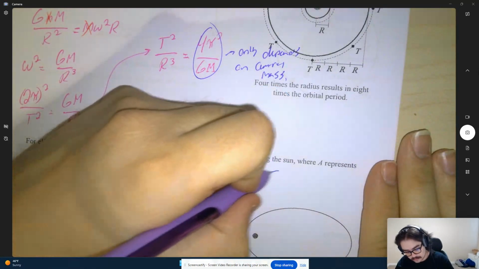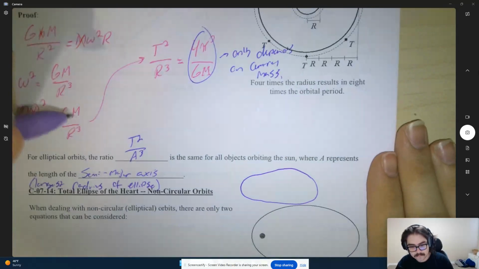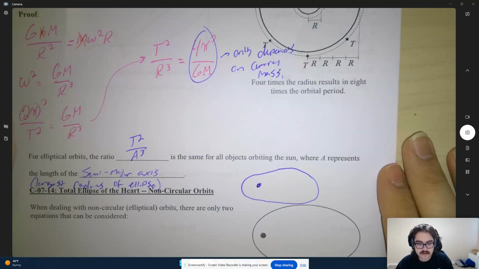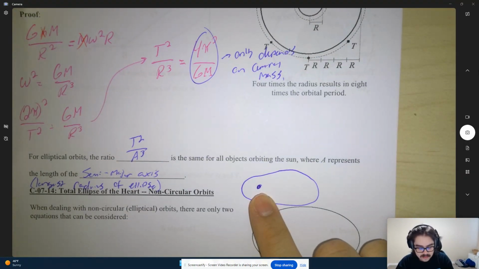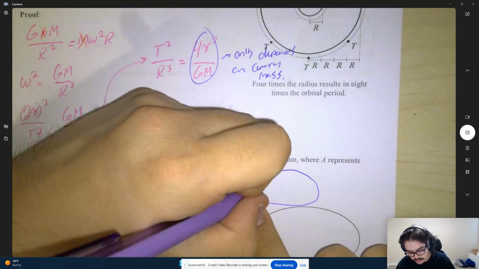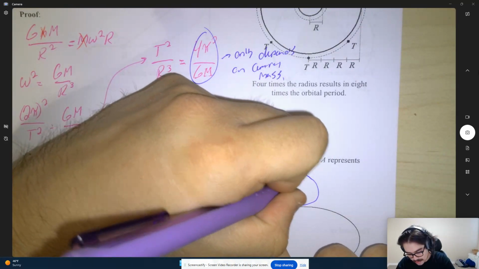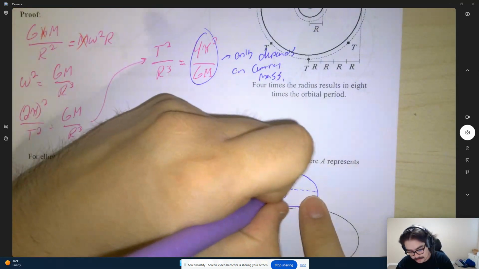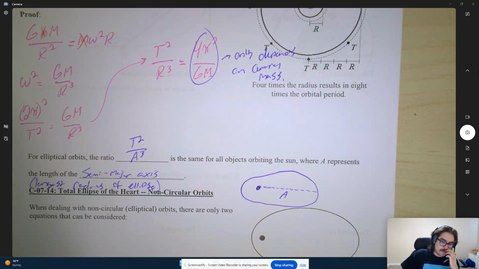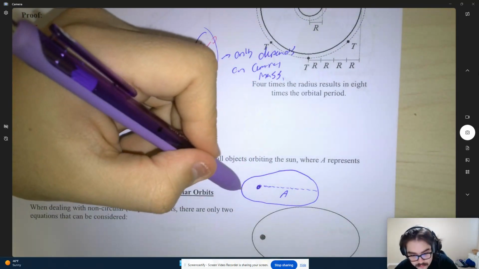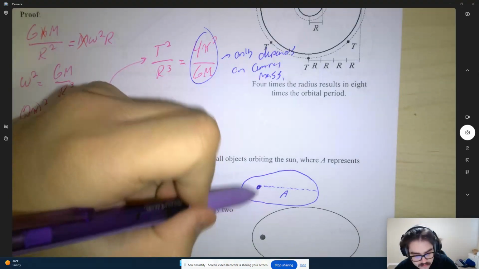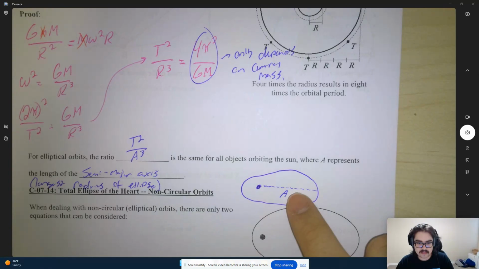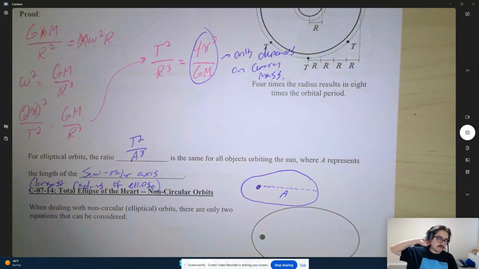If you have an ellipse, which maybe looks something like this, that's still a terrible ellipse, and let's say my star, or the sun, is right there, then this right here is the semi-major axis. This distance would be a. Yes, there is another radius right here, the smaller one, and there are more radii up here, but they're not really important. It's really just this semi-major axis that is the most important.